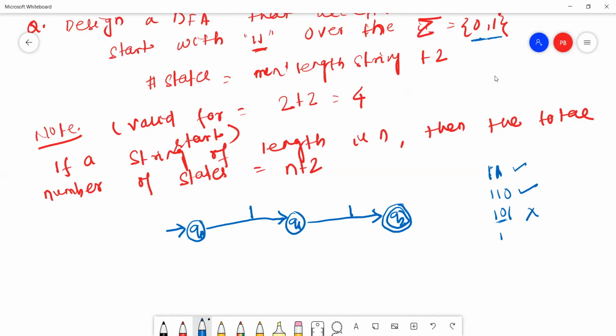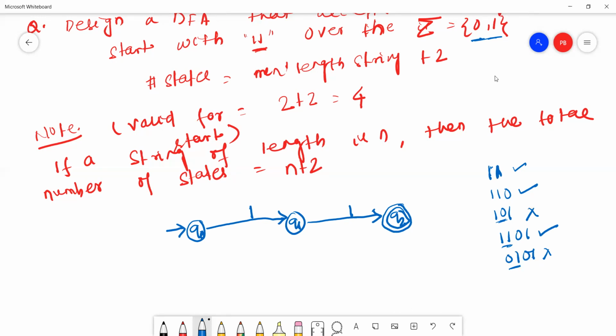Suppose 1 1 0 1, yes, this string starts with 1 1, so it is valid. 0 1 0 1 starts with 0 1, so it is invalid. If the string starts with 0, that means it is an invalid string.